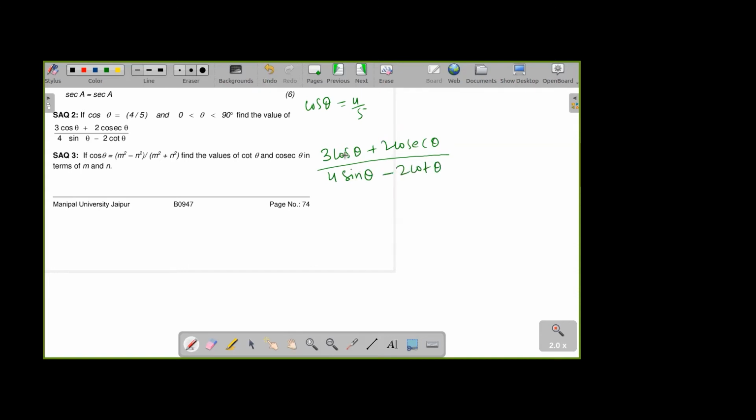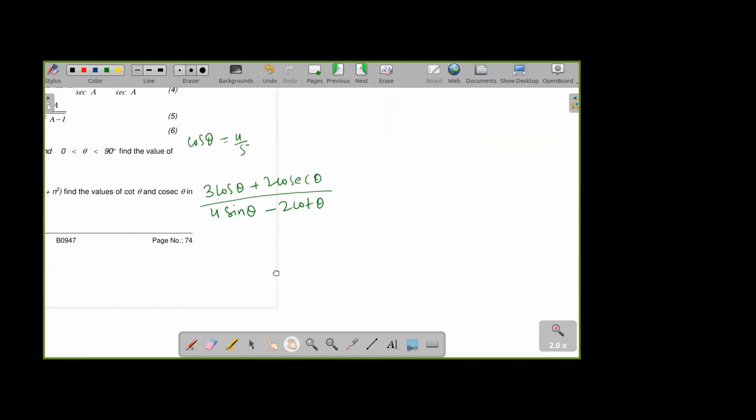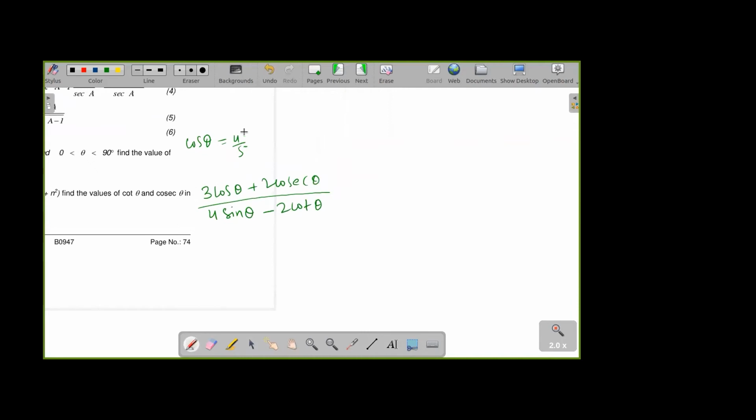Okay, so what we can do here is use a simple principle. We know cos theta equals base by hypotenuse, so we can take b equal to 4k, like in ratio, and h equal to 5k. So what will be p?